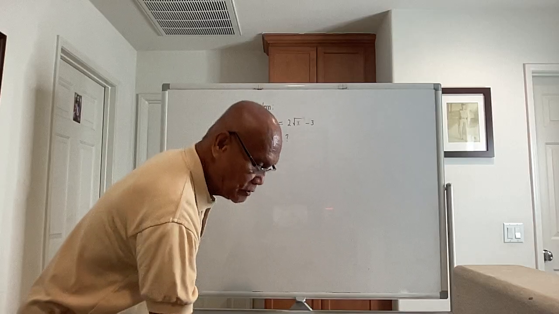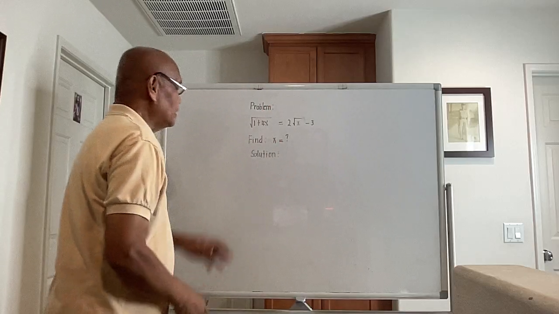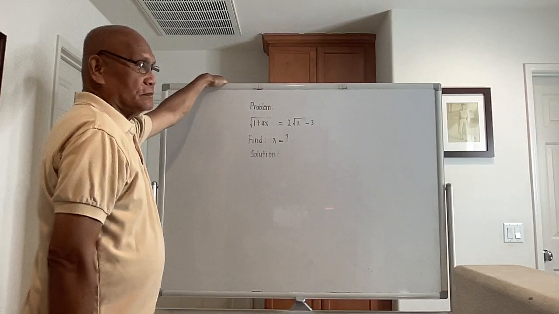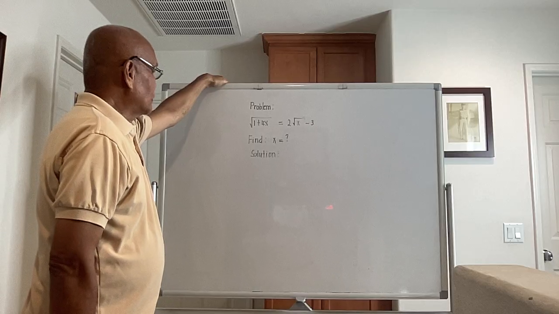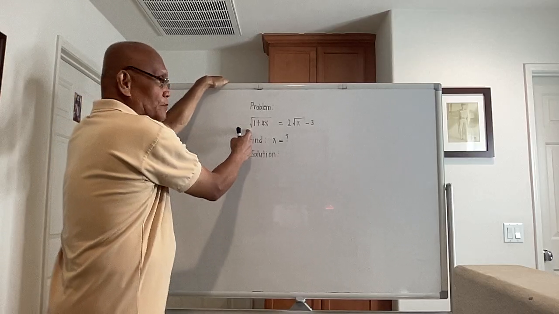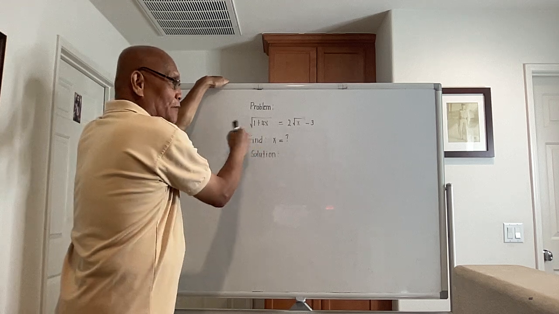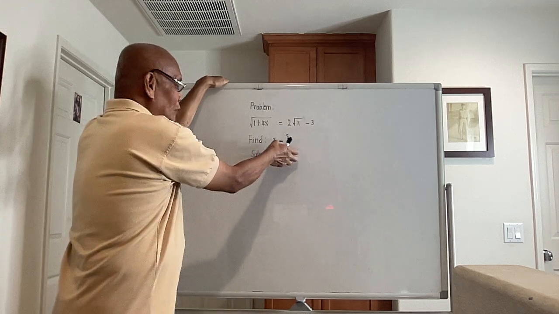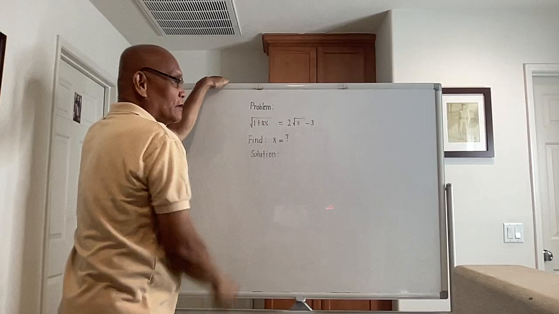To bring out the solution, we must eliminate the radical signs from the left and right, so we could compute for x without this radical sign.